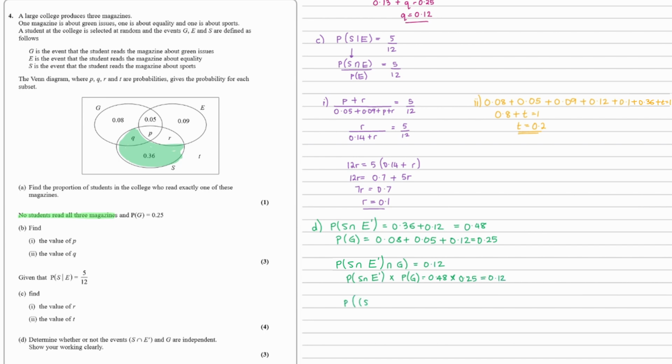So because the probability of S intersecting E dash and that subset intersecting G is equal to the probability of S intersecting E dash multiplied by the probability of G, we can see that both these probabilities give us 0.12, and because the probability is equal, we can therefore say that they are independent.